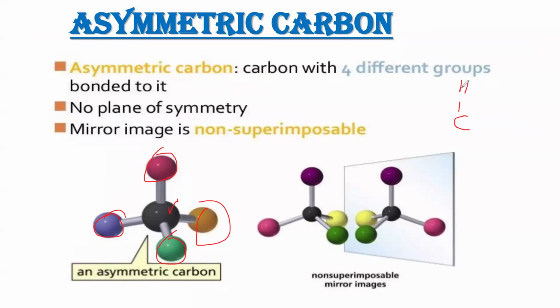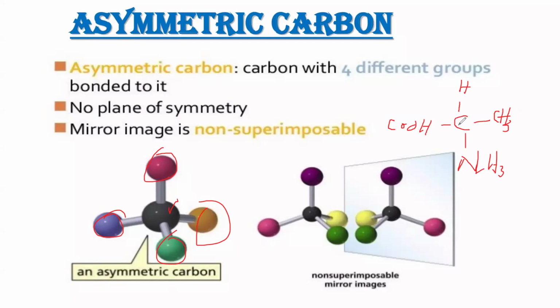Like, for example, let's say this is the carbon and we have hydrogen attached to it. And let's say here we have CH3, and here we have NH3, and here we have COOH. If you look at this carbon, what is here and here and here are different.